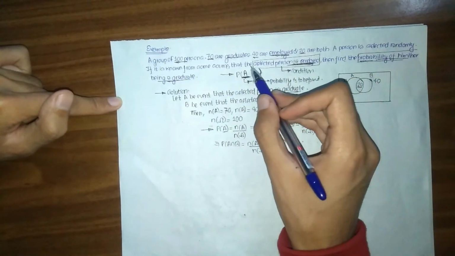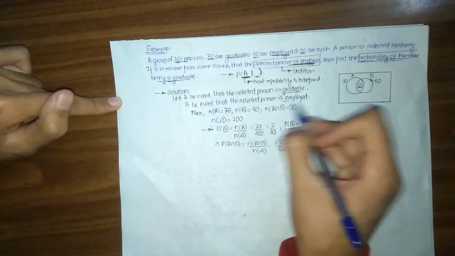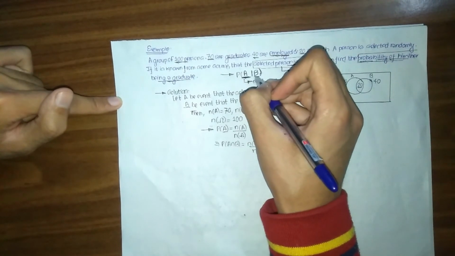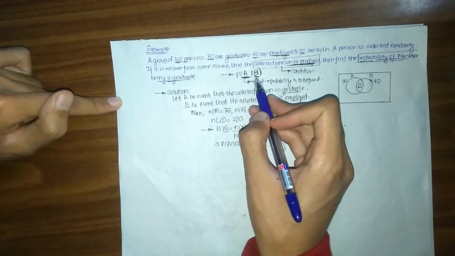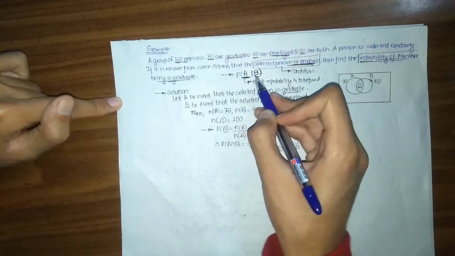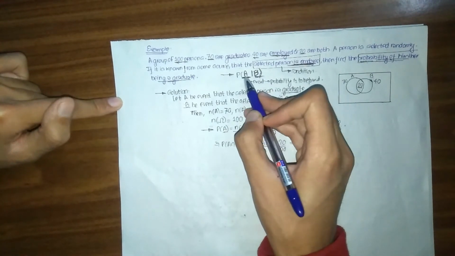The event that the selected person is employed is denoted by B, and this comes over here. This is our first event which has to occur, or simply our condition, to occur before the occurrence of A.